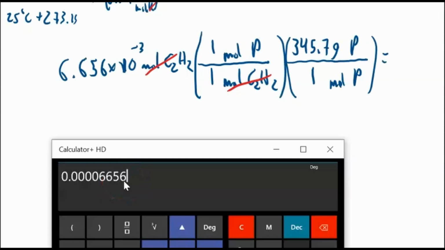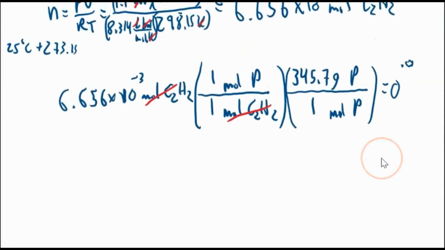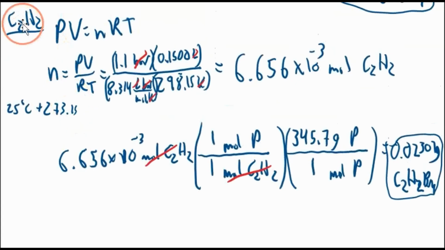Times 1 divided by 1 times 345.7 gives 0.02301 grams of C2H2Br4. So we have this many grams, assuming that the gas reacted fully.